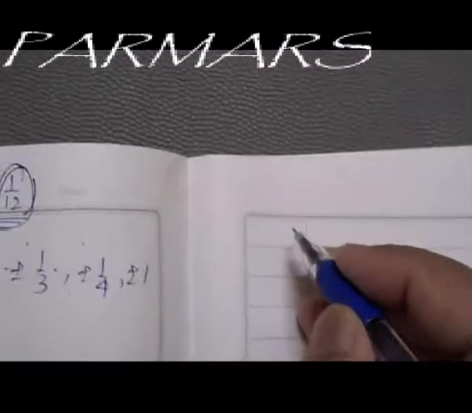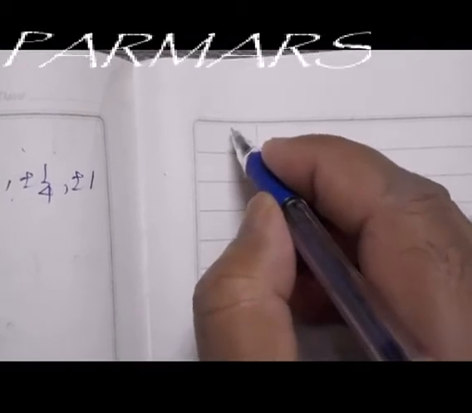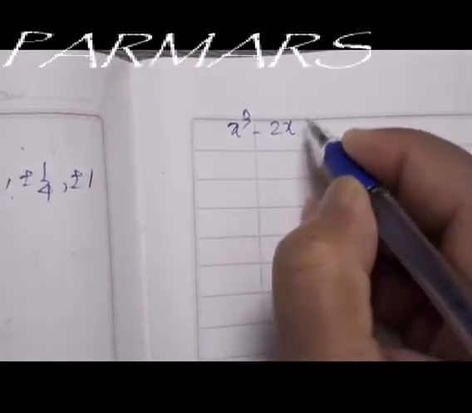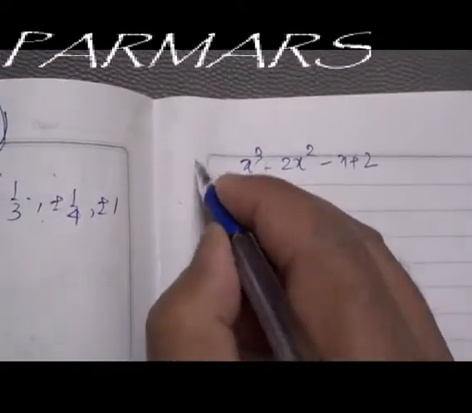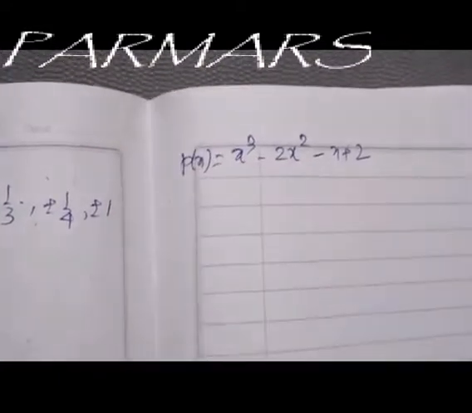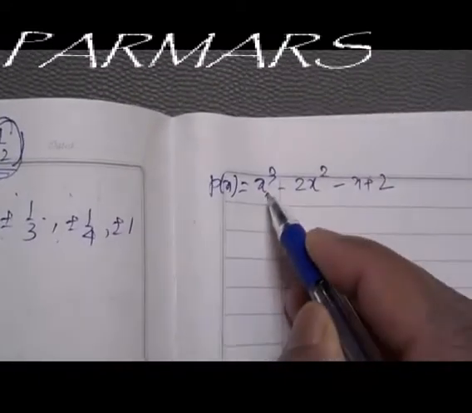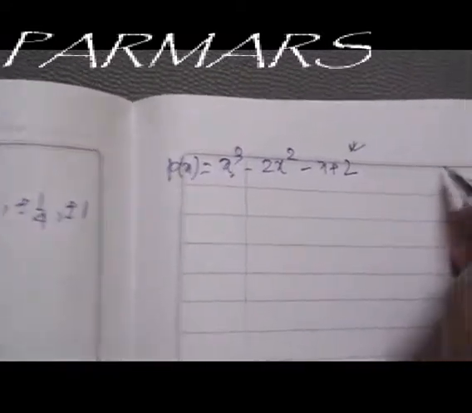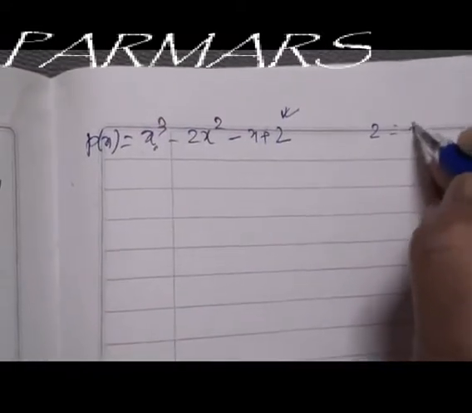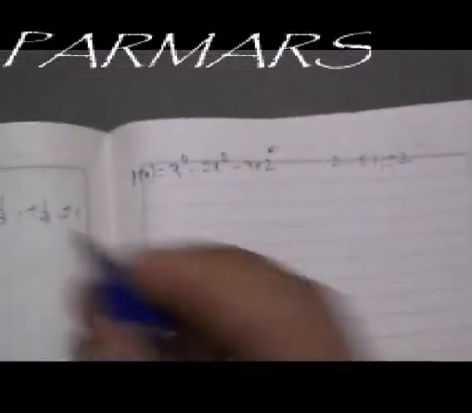Okay. Now come to the cubic polynomial. First question I have taken: x cube minus 2x square minus x plus 2. This is the polynomial. Now here the coefficient of the highest power x cube is 1, so simply we find the factors of 2. Factors of 2 are plus minus 1, plus minus 2 only.